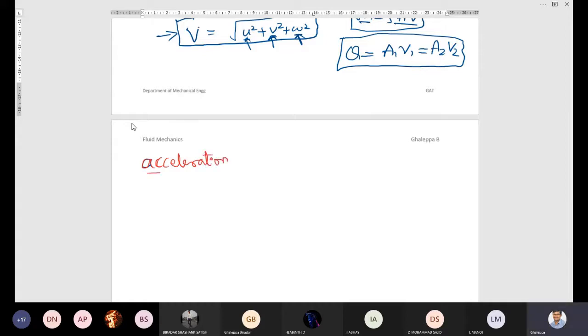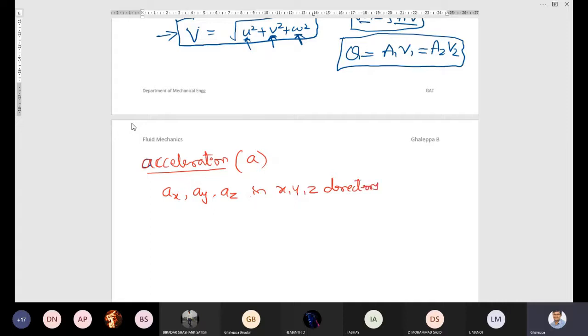Acceleration will be represented by a letter, that is A. Now let AX is the acceleration in x direction, AY is the acceleration in y direction, and AZ is the acceleration in z direction respectively.